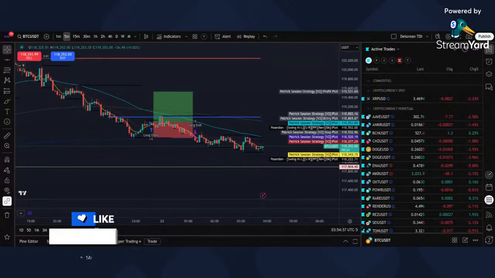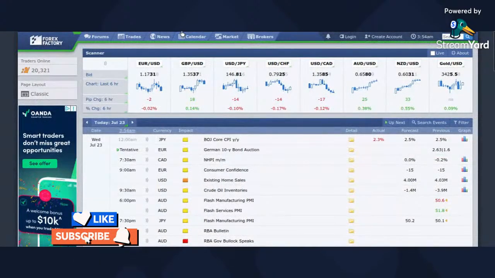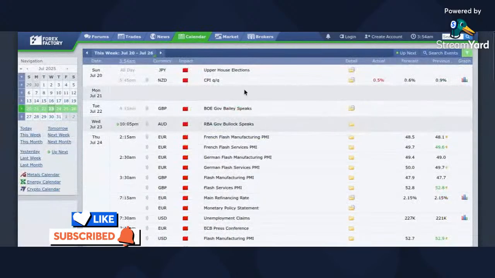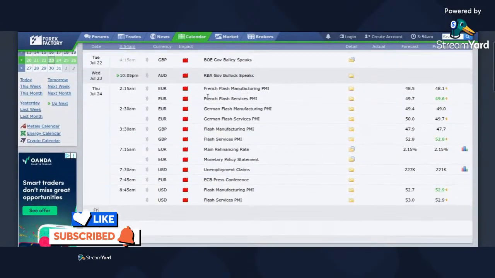A lot of that has to do with major news coming out on Thursday. If you're not aware of that, I'll show it to you. I like to use Forex Factory for this stuff. So you go here, click on calendar, scroll down to Thursday. Look at all this major news coming out. This is why nothing's moving.